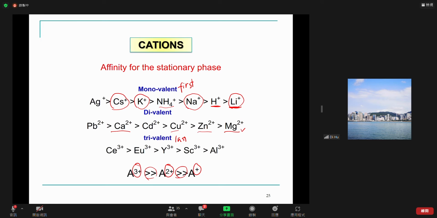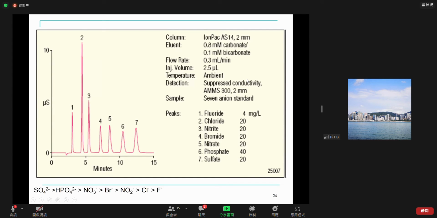So this is what we see. Now a real example for anions: fluoride, chloride, nitrite which is NO2 minus, bromide, nitrate, phosphate, and sulfate. Here phosphate is not PO3, it's PO4 3 minus.